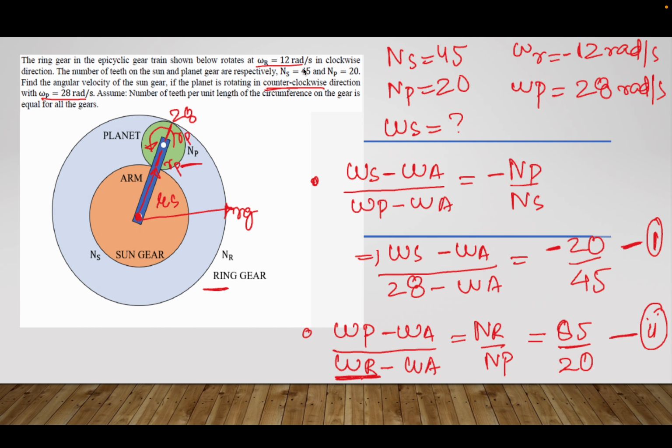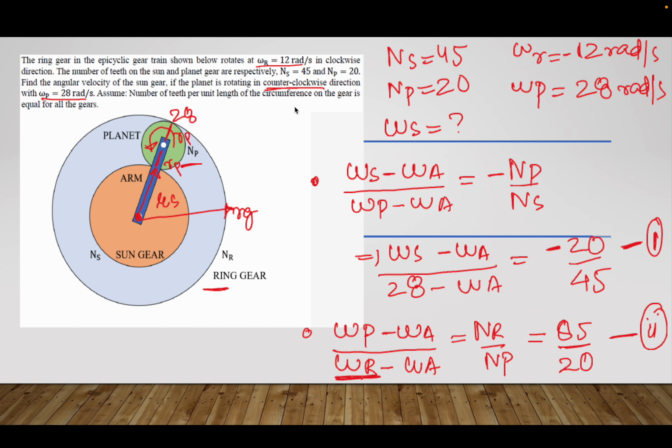The number of teeth on the sun and planet gear are respectively ns equal to 45 and np equal to 20. Find the angular velocity of the sun gear if the planet gear is rotating in counterclockwise direction with omega p equal to 28 radians per second. Assume the number of teeth per unit length of the circumference is equal for all gears.